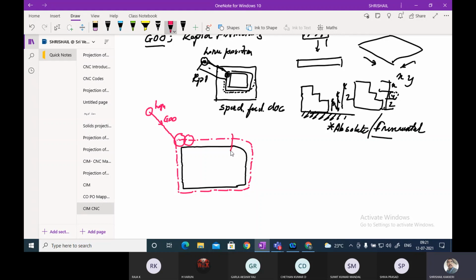Then from here to here, this particular segment is linear. This is the x direction, and this will be the y direction. While it is moving from here to here, it is linear interpolation, taking the reference of only one axis. That is G01, the linear interpolation.